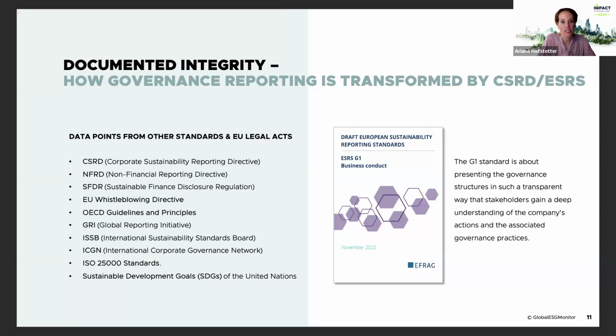You can see with all the principles coming from ESRS and talking about their overarching goal, it's always the stakeholder who is supposed to be in a position to understand the company's structures, processes, and decisions better through their reporting. When we look at G1, we have three focus areas.